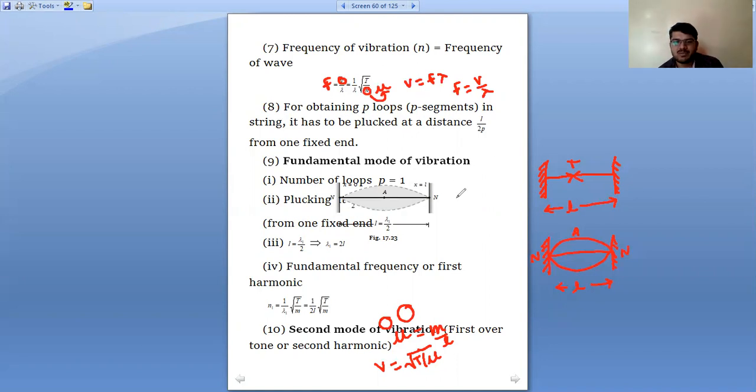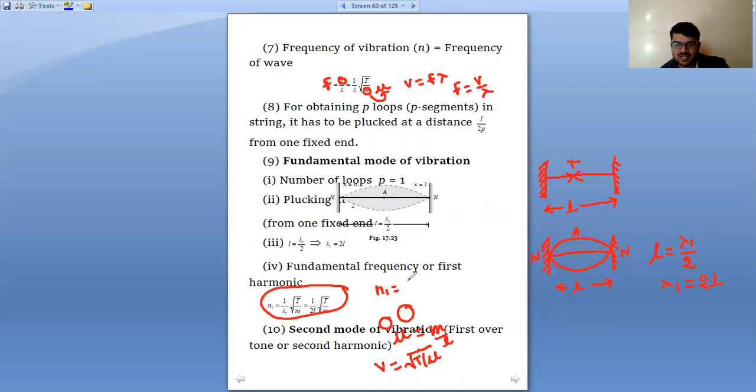So let's see the fundamental mode. Fundamental mode means, here you see I have drawn the diagram already. This is node and node. Here it is antinode. This is length L. Now node to node distance is how much? Can I write like this? L is equal to lambda 1 by 2, and therefore lambda 1 is equal to 2L. So now this first fundamental frequency or first harmonic is N1.